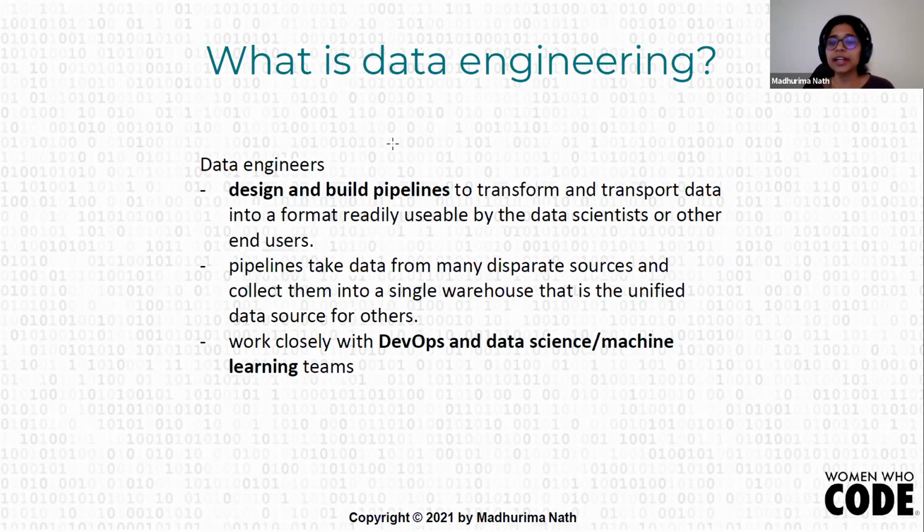That can be data scientists, end users, front end users, any customers, it could be anybody. Their main role day to day is to build these pipelines so that all the data coming from different systems, in different formats, is consolidated in one place.